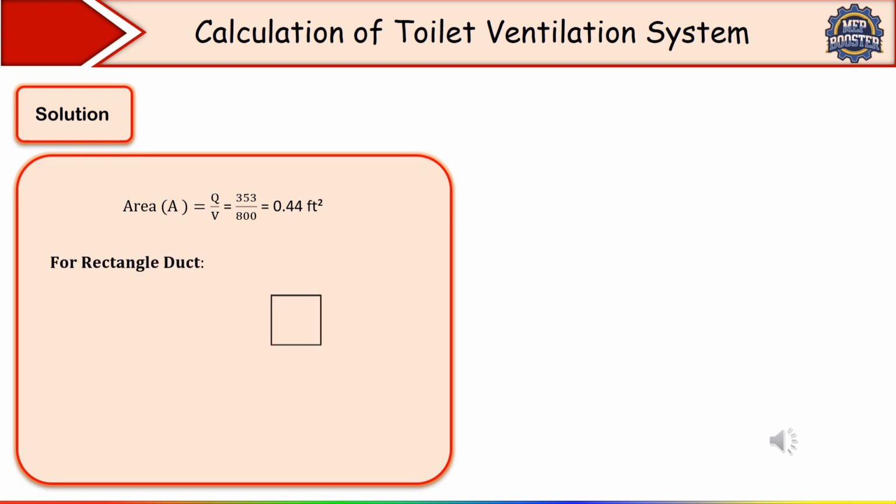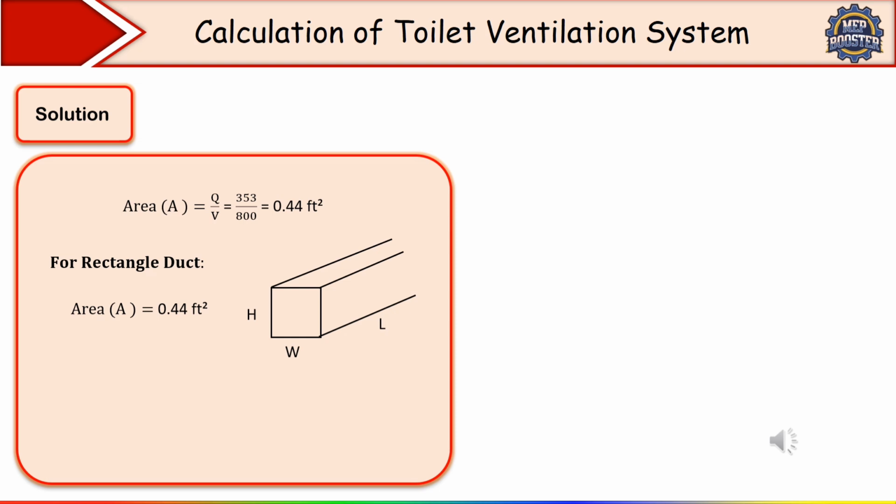Now suppose you are doing this size for a rectangular duct. For the area we have calculated, 0.44 square feet, we know that the area of a rectangle is width into height, as shown in the figure. If you look at the front view of your rectangular duct, what is visible?